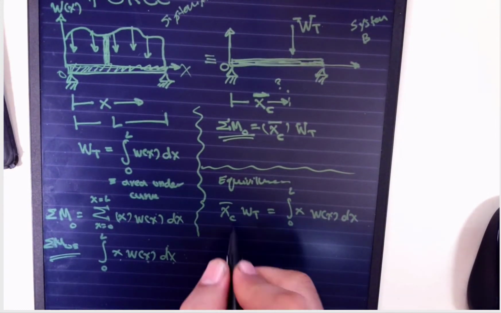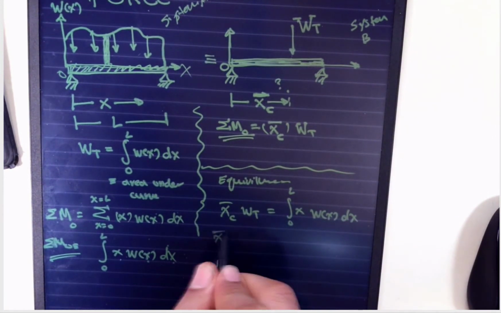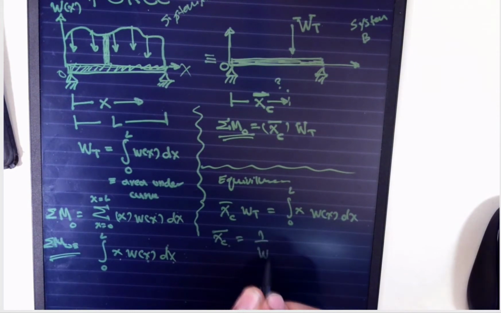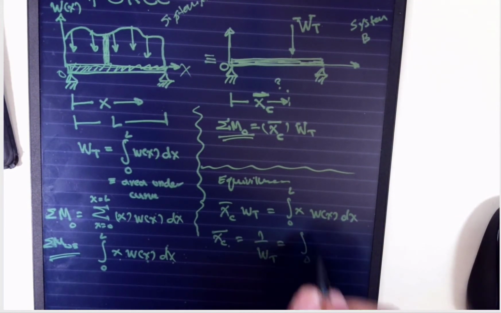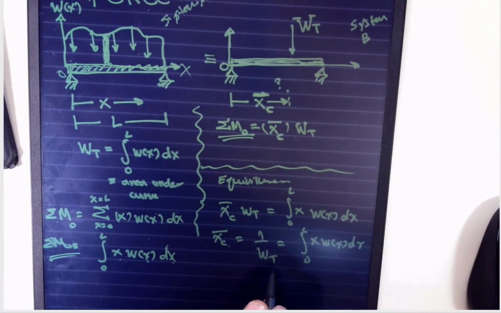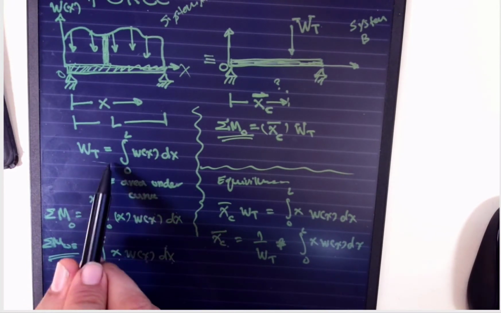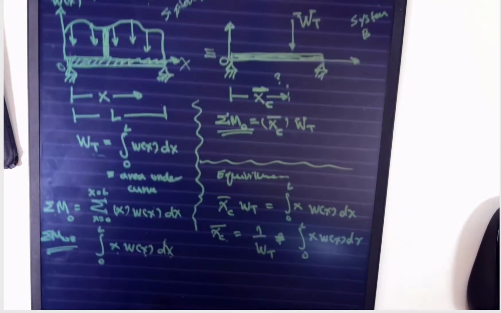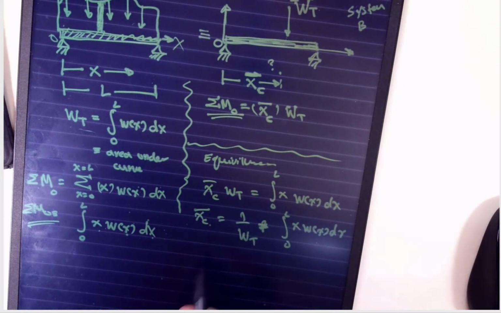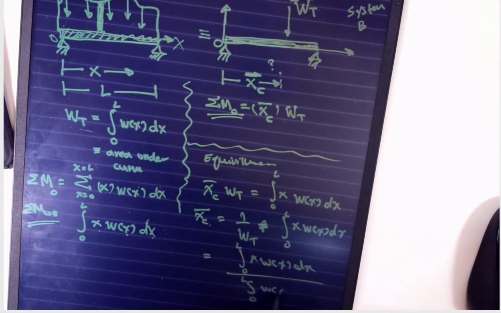So I can now find x bar c, which is 1 over WT times the integral from 0 to L of x w(x) dx, where WT is simply the area under the curve. So in the textbook it's represented also by the integral from 0 to L of x w(x) dx over the integral from 0 to L of w(x) dx.